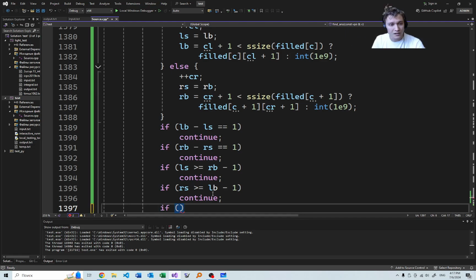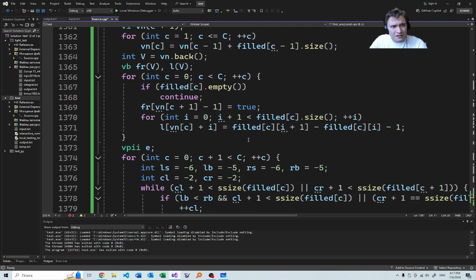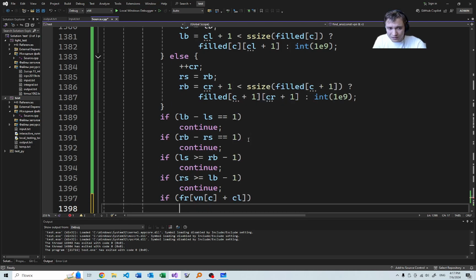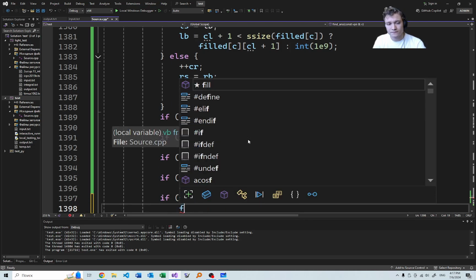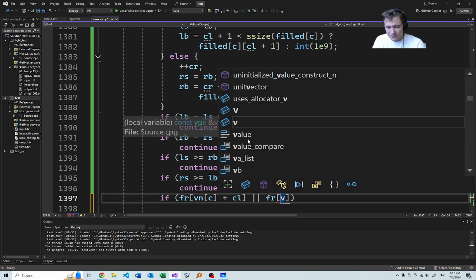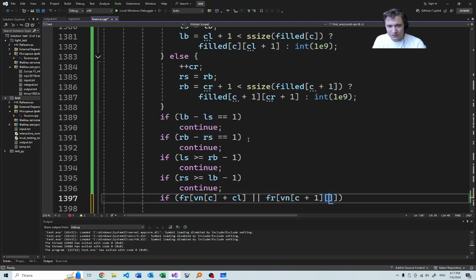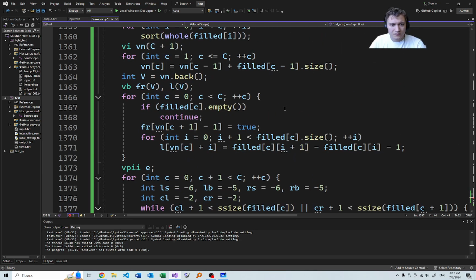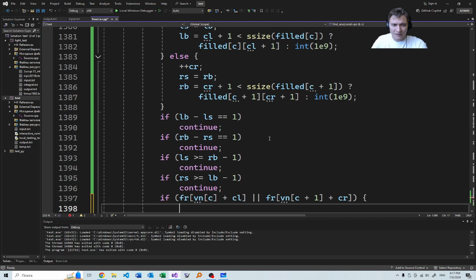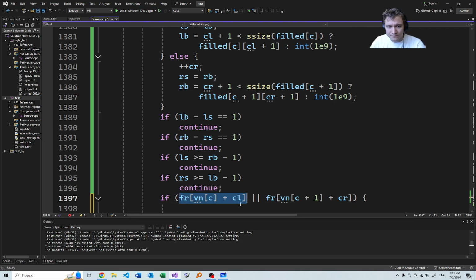So if left is free, how is it done? VNC plus current left, then VNC plus 1 plus current right, and both of them should be true.